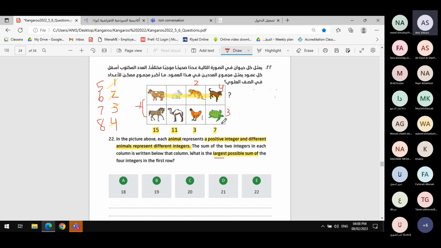So 7 minus 3 is 4 for the dog here. So 3 and 4 are used. I'm going to cross them out. We need the 5 down for those and so on. That's what we are doing. So Walid, are you assigning the horse or the camel first?